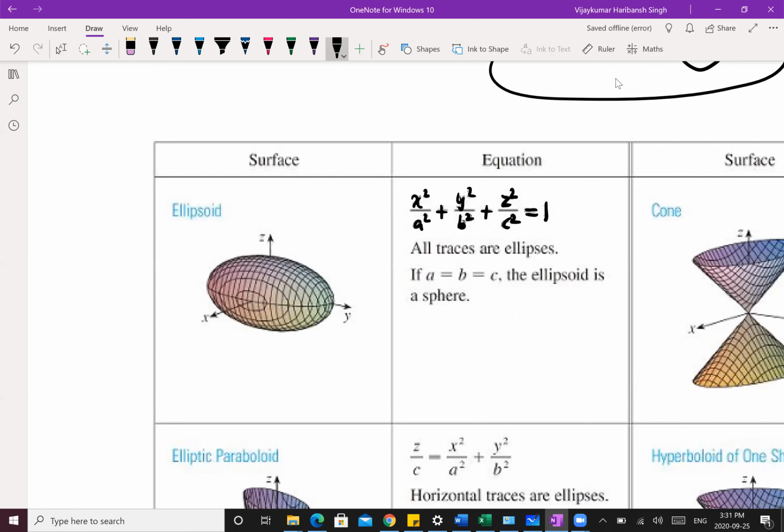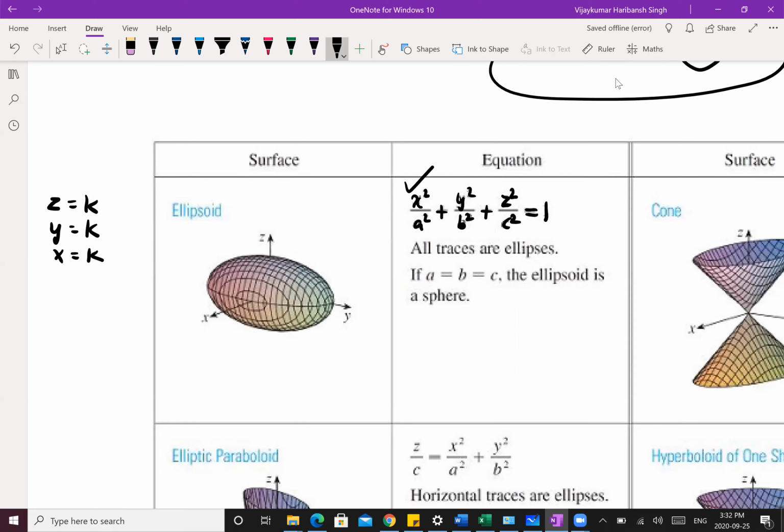Now we want to understand this object through traces. So what are traces? Traces are generally when you cut with x equals k, y equals k, or z equals k, and then you study what kind of object you get.